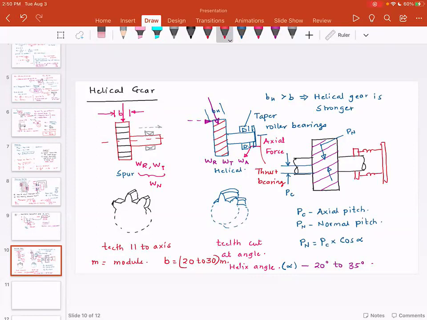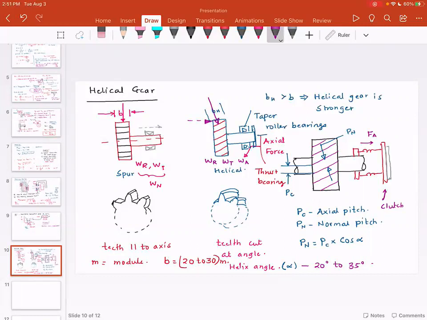So there's a clutch, with a drive plate and a driven plate. And as we know, for the clutch to function, you need to apply some amount of axial load. Otherwise, the clutch will not work.